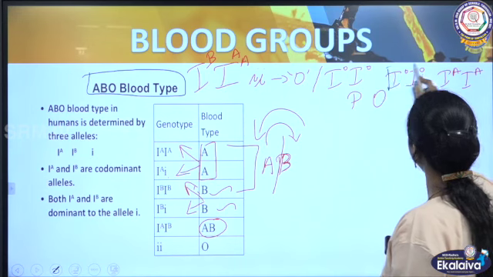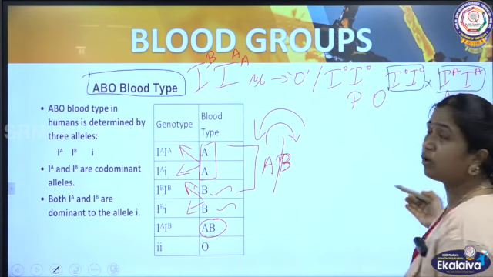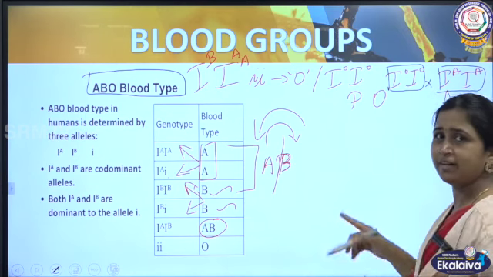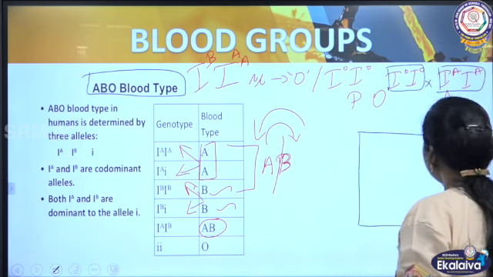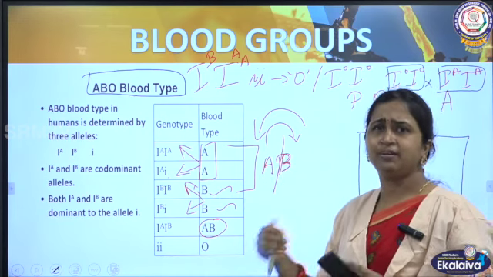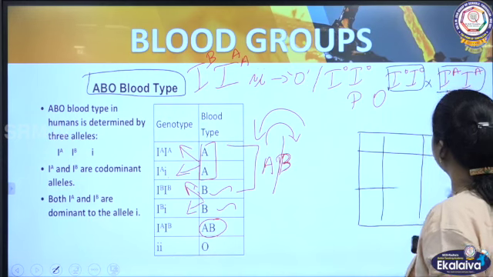I am going to take only the genotypes and intercross. What are the possible phenotype and genotype of their offspring? One generation only. So what I will do is directly use a checkerboard. Here you need not write step after step, like gametes and then F1. No need. Directly you can take it into the checkerboard.